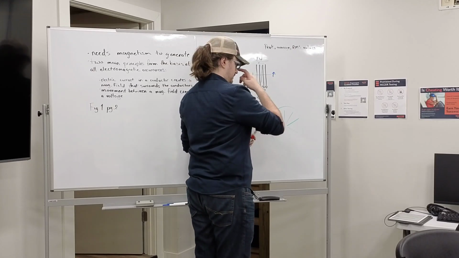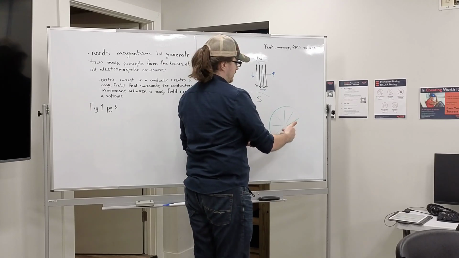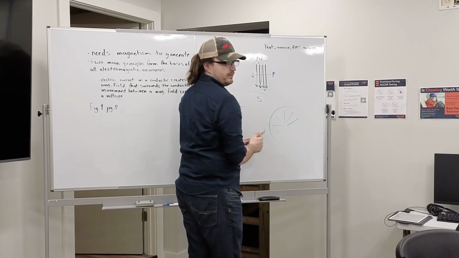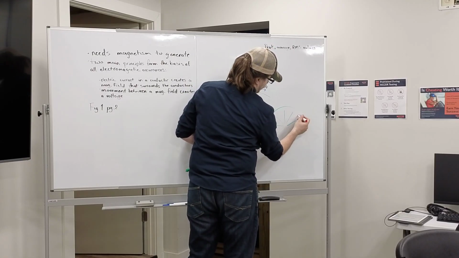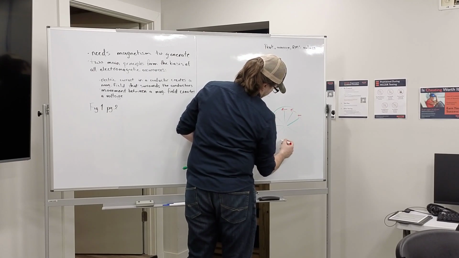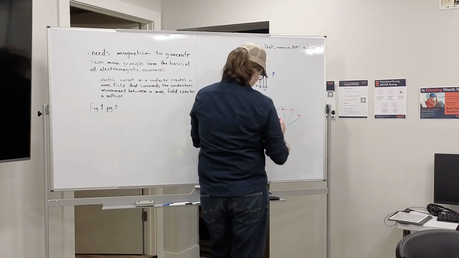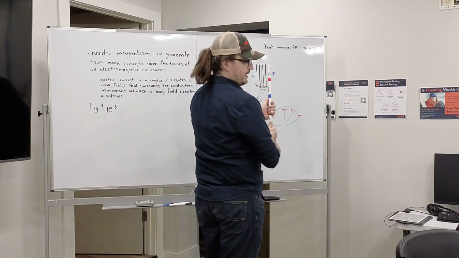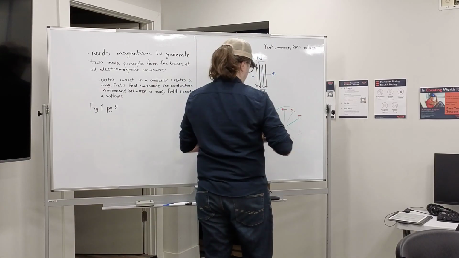The direction in which it's moving is always perpendicular to the way it's oriented, because it's going in a circle, right? And the magnetic lines don't change. They're always going to be like this.